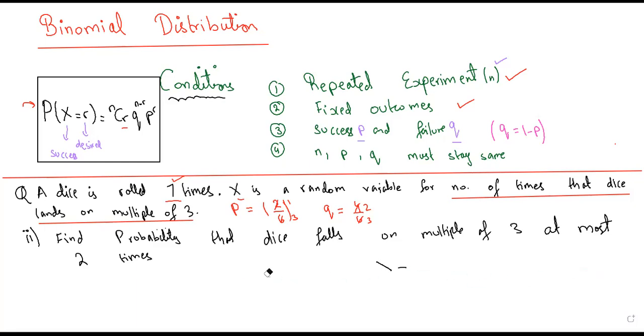If it says at least once, okay. In the beginning, it was once only. It says at least once. Now, at least once would mean probability of x greater than or equal to 1. So it would be probability of x equal 1 plus probability of x equal 2.